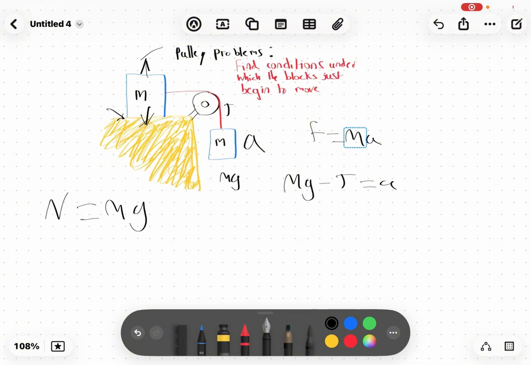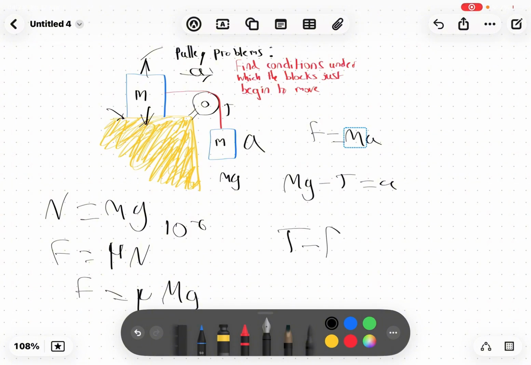The friction is equal to mu times N, so mu times the normal force is equal to the friction. Now we're able to say the maximum of static friction is equal to F, mu Mg.